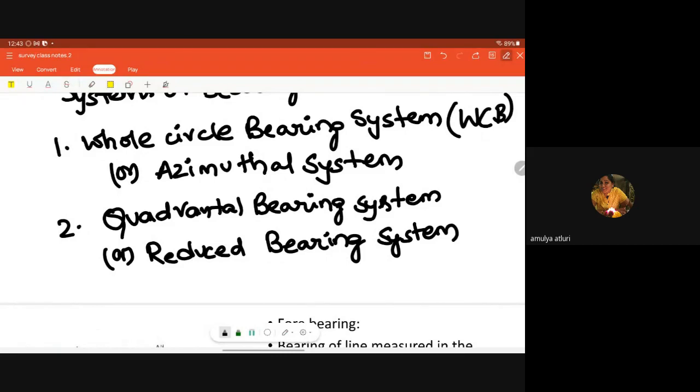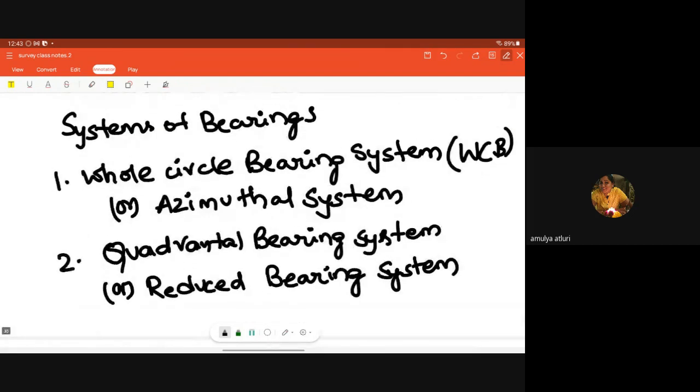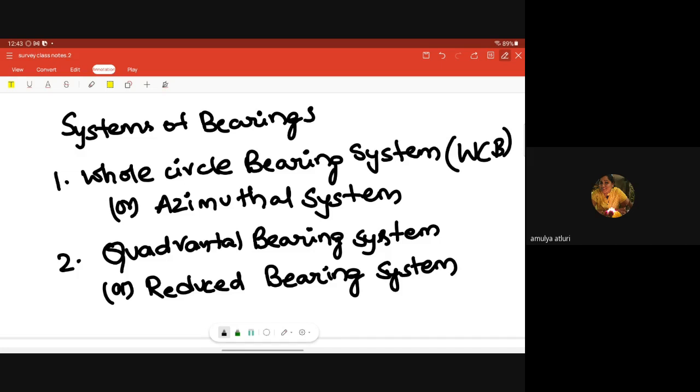So these are the two systems of bearings: whole circle bearing system, also called WCB or azimuthal system, and quadrantal bearing or reduced bearing system.